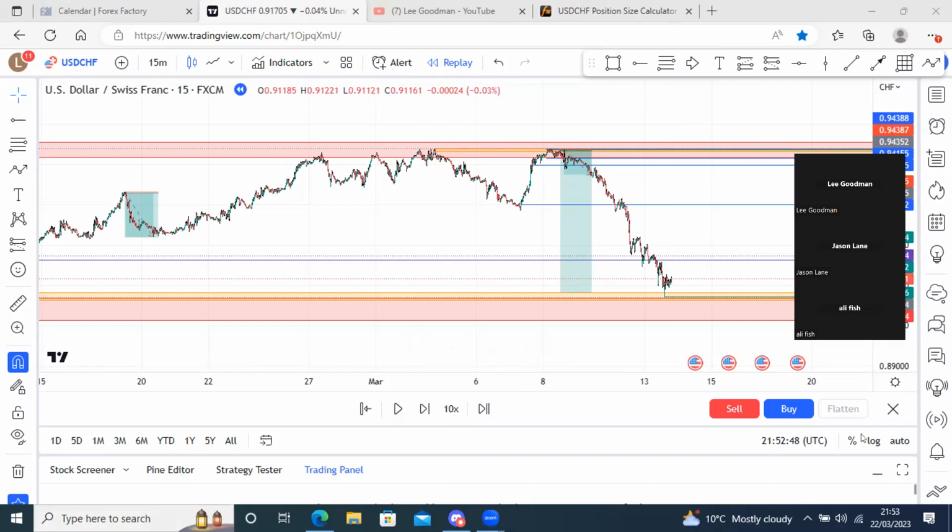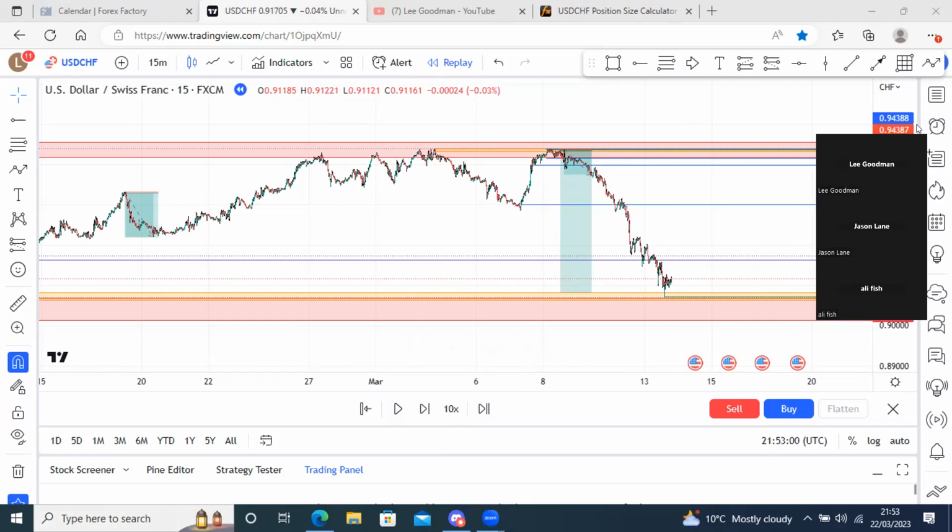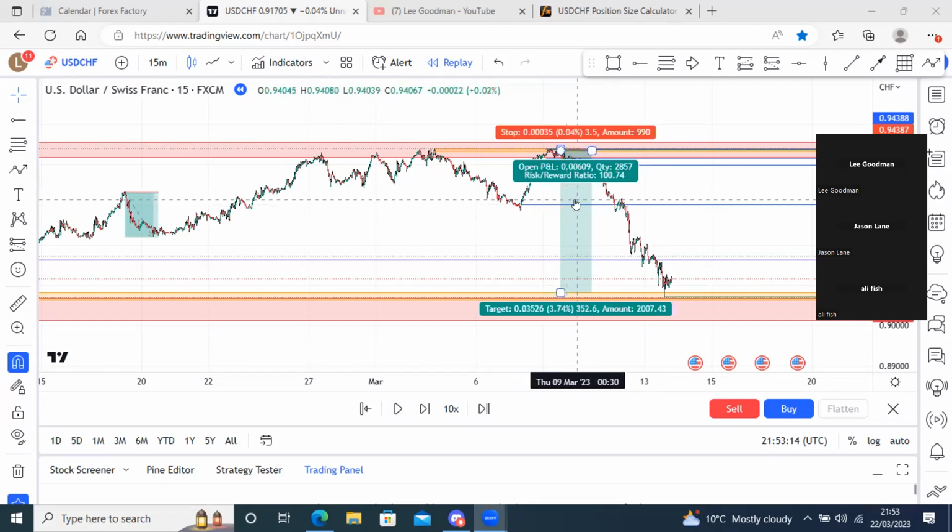You need to enable me to share screen, mate, if you want me to. I got in originally on a pending on that whole zone. But there was news, wasn't there? Yeah, that I cancelled. I didn't actually get in that trade. I cancelled the order about 10 minutes before, and then it banged into it perfect.